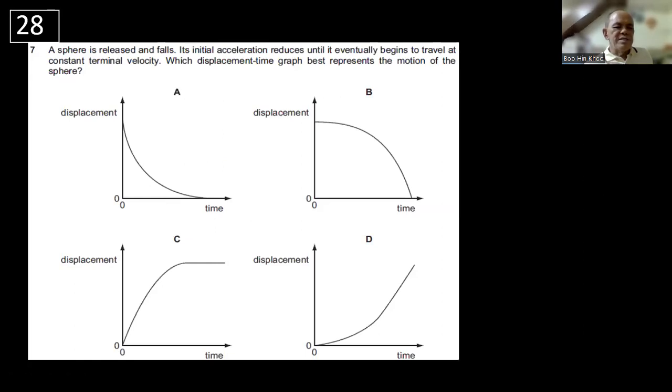A sphere is released and falls. Its initial acceleration reduces until it eventually begins to travel at a constant terminal velocity. Which displacement-time graph best represents the motion of the sphere? So what's your answer?